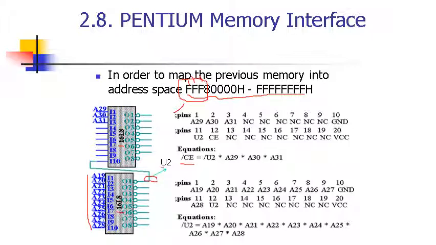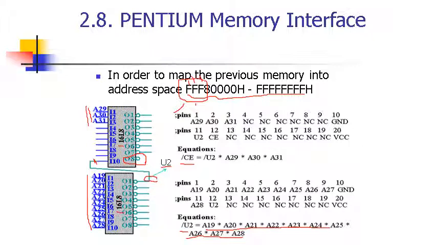We name it U2. So U2 is low as long as your A19 through A26, and A28 are all ones, as required by this address range. In addition, A29, A30, and A31 are also high. And with this signal low, and we send 3 ones here, we activate this pin O8.